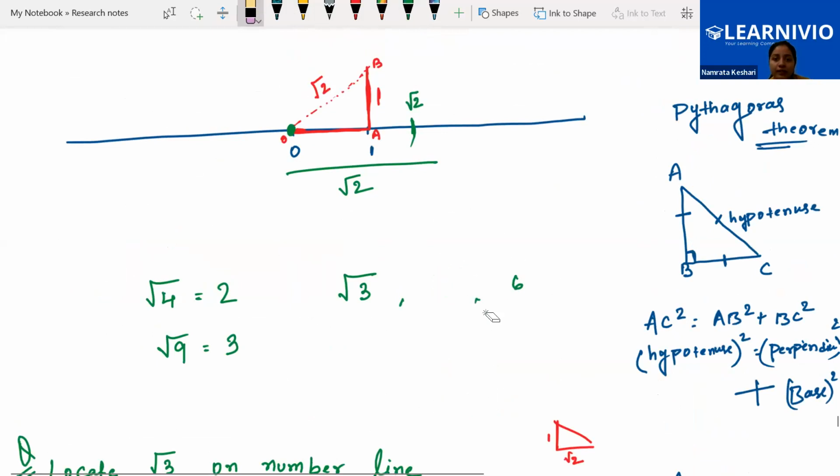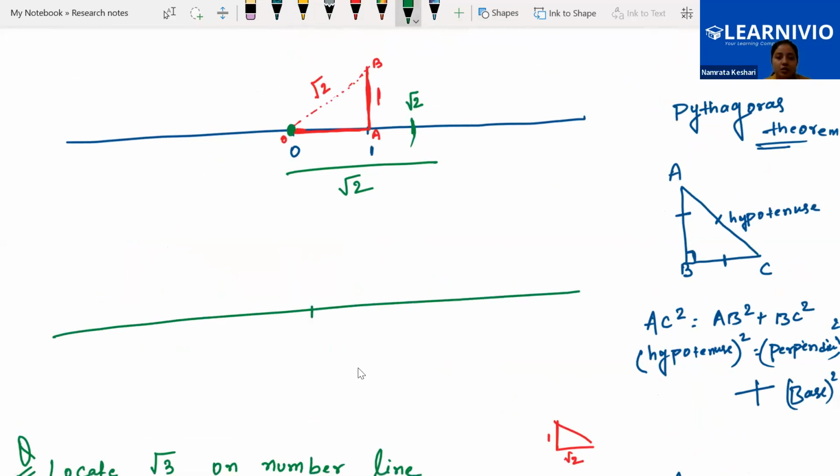Take the root 2 measurement in a compass. On the real line this is 0, this is 1, and with the help of the compass you have taken the measurement of root 2. This is the location of root 2.